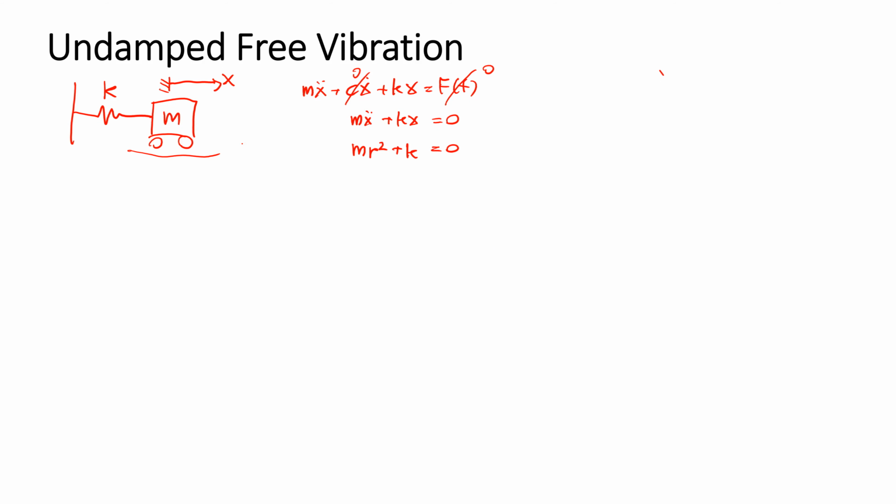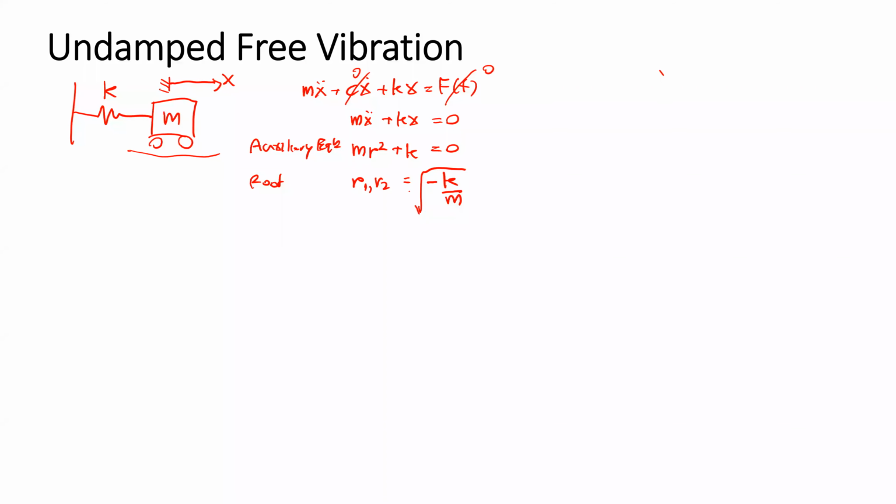The roots of the auxiliary equation, R1 and R2, equal the square root of minus k per m, right?